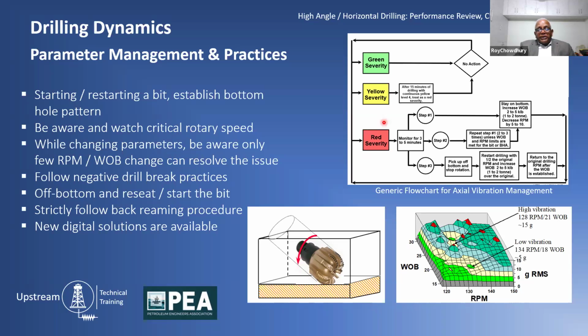Similarly, red light, based on the vibration mode, will give you a different solution. If it is a torsional oscillation or torsional dysfunction, it might say to decrease the weight on bit and decrease the RPM. That is a possibility. Obviously, the driller has to watch the critical rotary speed, because you are always working on a window.